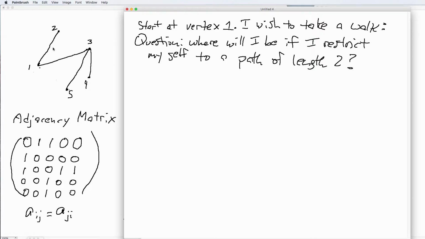Okay, so first of all, I could certainly start here at 1, and I could go to 2 and come back to 1. I could start here at 1, I could go to 3 and come back to 1. These are all of length 2.